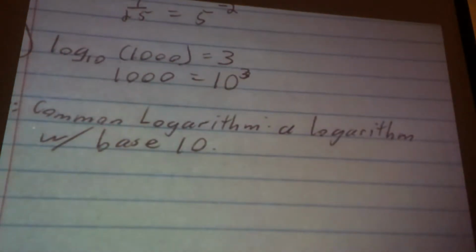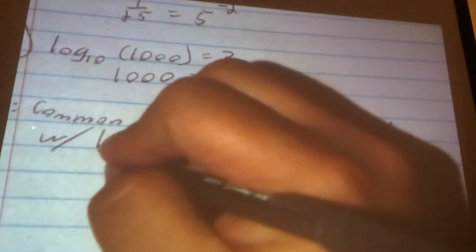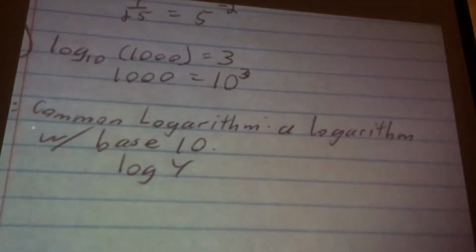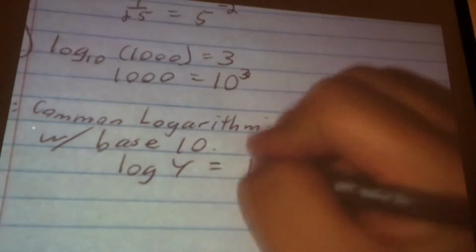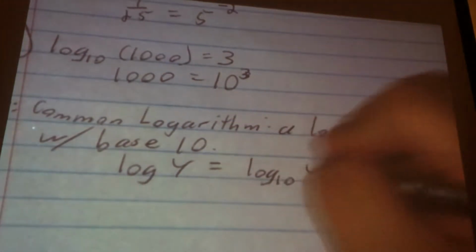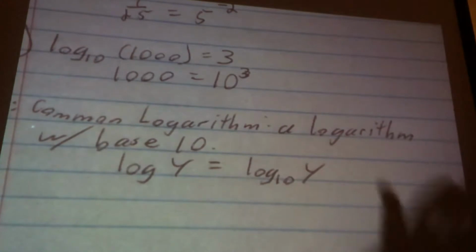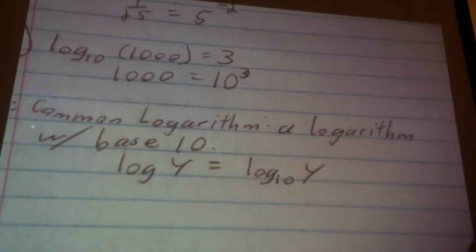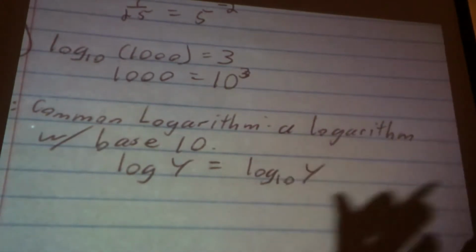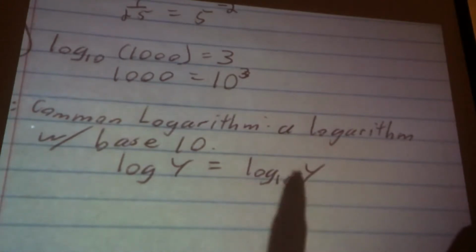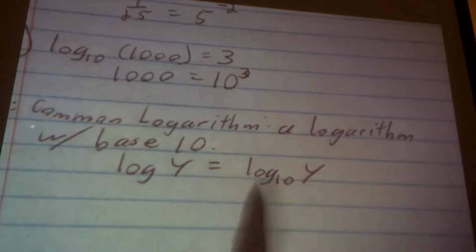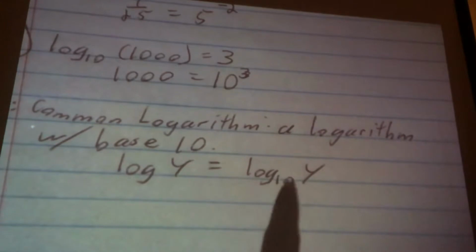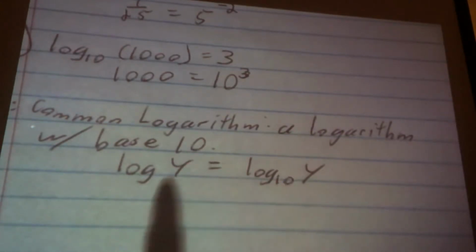So the reason why this is important though is just because a lot of times when you're working with log, you'll see just log of y. That's the same as writing it as log base 10 of y. Reason why, it's because a lot of our math, since we count in tens, 1, 2, 3, 4, 5, 6, 7, 8, 9, 10, then we kind of start over. Since tens are the most common set, they basically made it so they eliminate that 10 value from it.